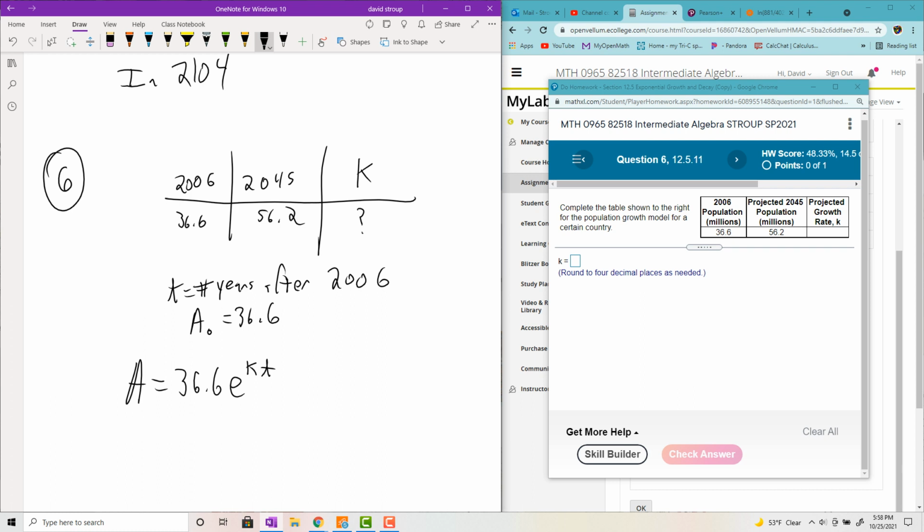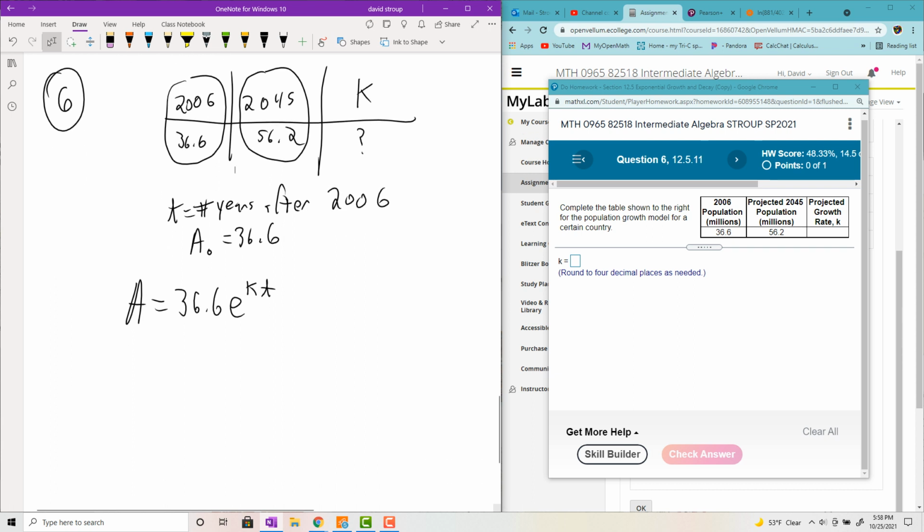Now use this part to solve for k. You've got to be a little bit careful here, right? Because what is 2045 in terms of t? It's 39. t is 39 in that case.